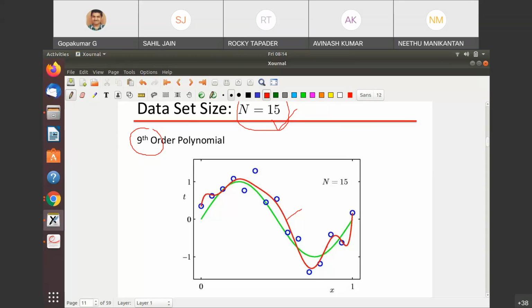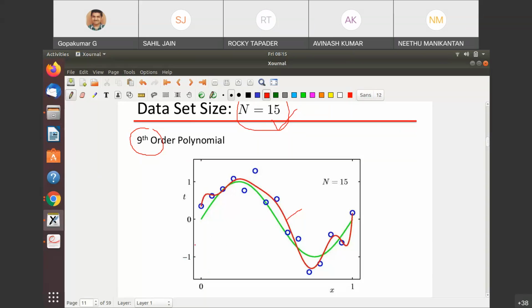So that is the significance of data size. In any pattern recognition system, if you have more data, then the model you build is going to be better. That is a generally accepted rule. That is one interesting point that we have to note.